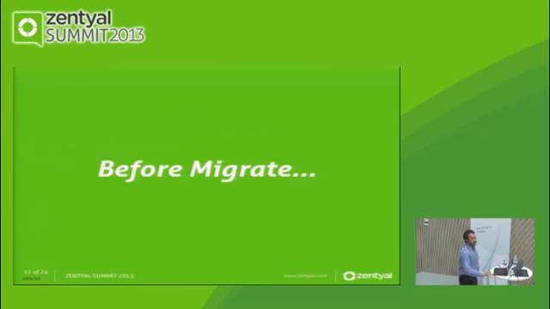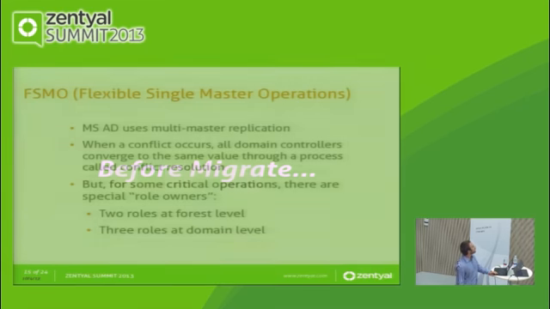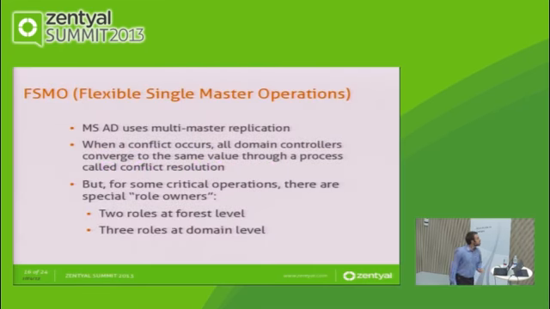And before this, I think this is just our global vision of Active Directory, but there are still some concepts that we have to know before we decide to migrate. First, the FSMO, the Flexible Single Master Operation.